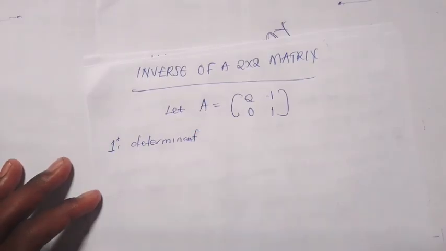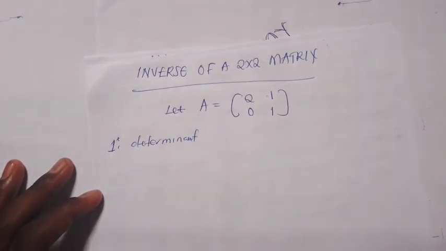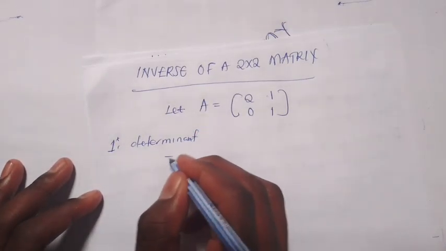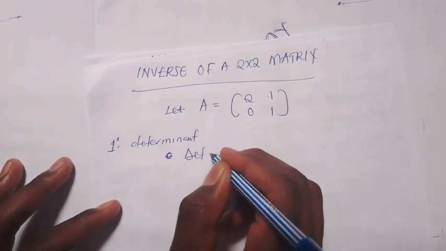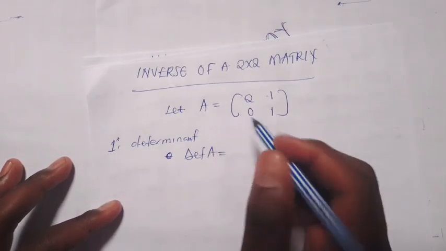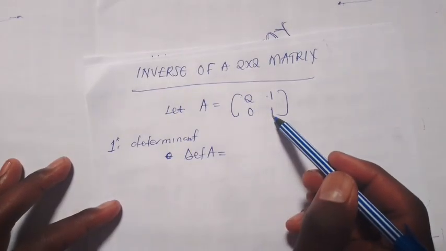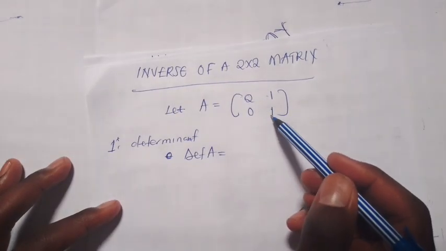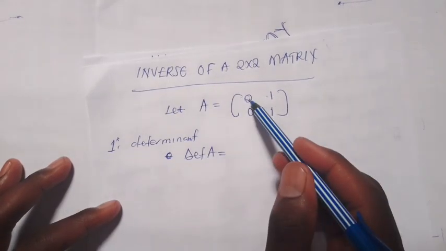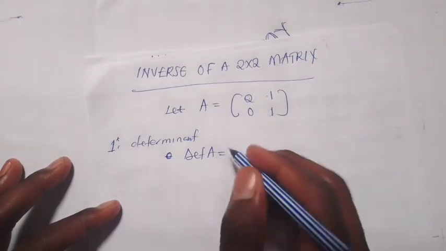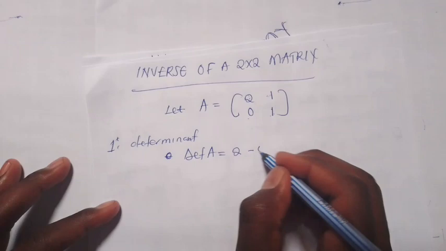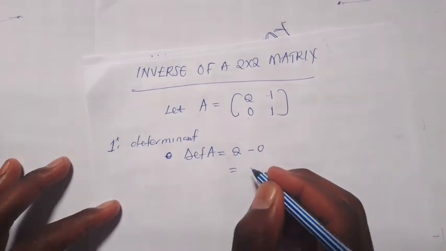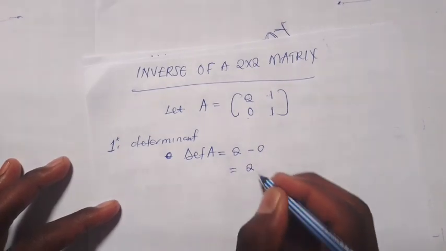How do we find the determinant? The determinant of A is equal to the product of the major diagonal minus the product of the minor diagonal. So this by this, it's 2, minus this by this, 0. So in this case, our determinant is 2. Okay.